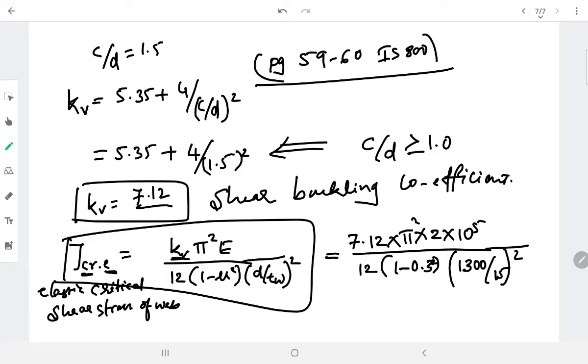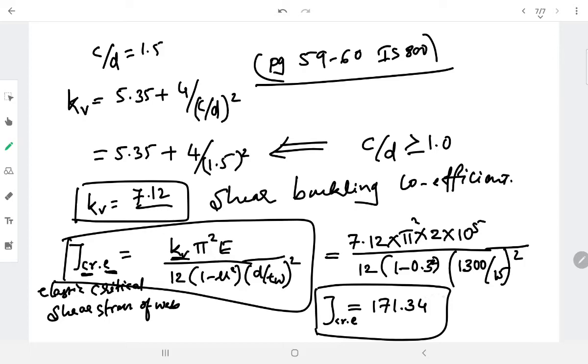If you calculate this, you will get 171.34. This is tau cre. The assumed values here are E, Young's modulus of steel, and mu, the Poisson's ratio.